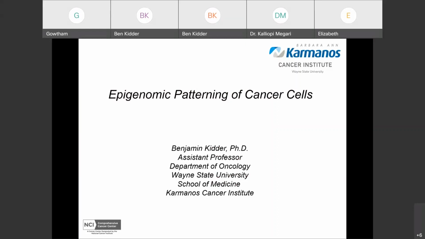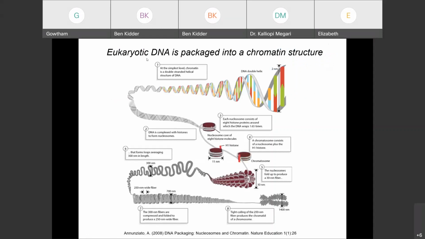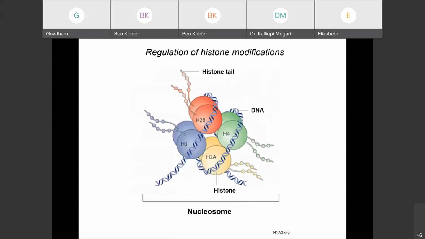The way to understand that is to think about how DNA is packaged in the nucleus into a chromatin structure, where DNA is wrapped around histones to form a nucleosome. Depending on the compaction of the nucleosome and the chromatin, this leads to differences in the activity of the underlying DNA. If we zoom in on the basic repeating unit of chromatin, the nucleosome, we can see DNA wrapped around an octamer of histones. The tails of these histones can be post-translationally modified.